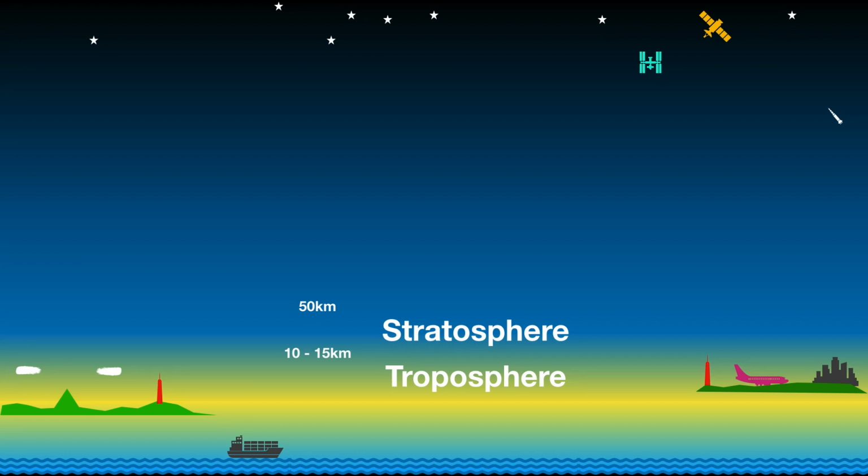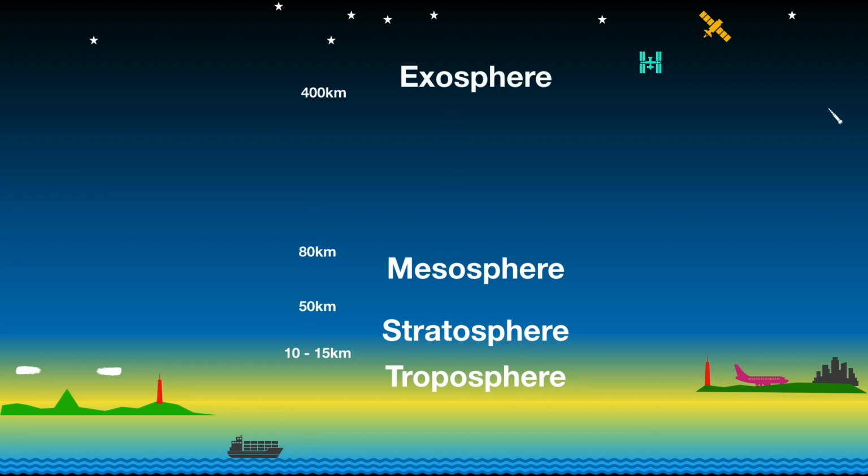Above the stratosphere is the mesosphere, and that extends from about 50 kilometers up to about 80 kilometers. And above the mesosphere is the exosphere, which takes us up to the limit of space, from about 80 at the bottom to about 400 kilometers at the top.